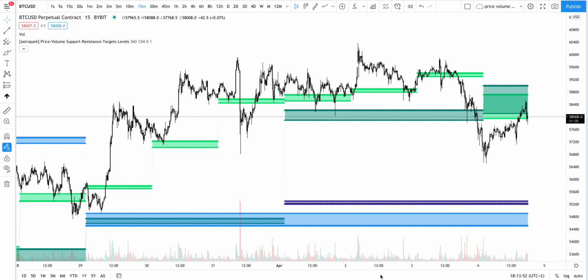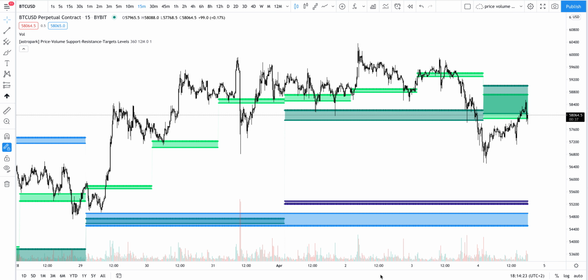The main objective of this indicator is to give traders an instrument to see where support zones are located, where resistance is located, and when you are in a trade, what kind of targets you can expect to have in your trades.